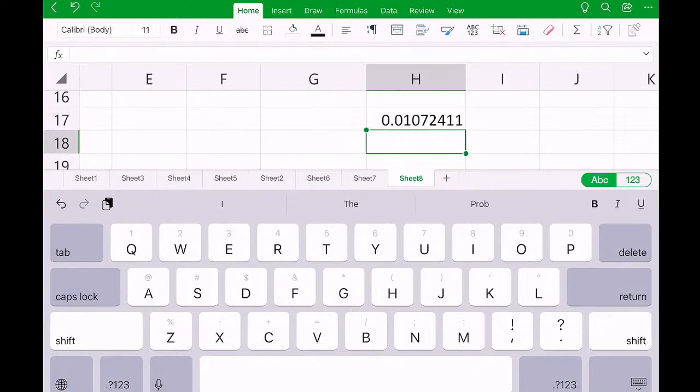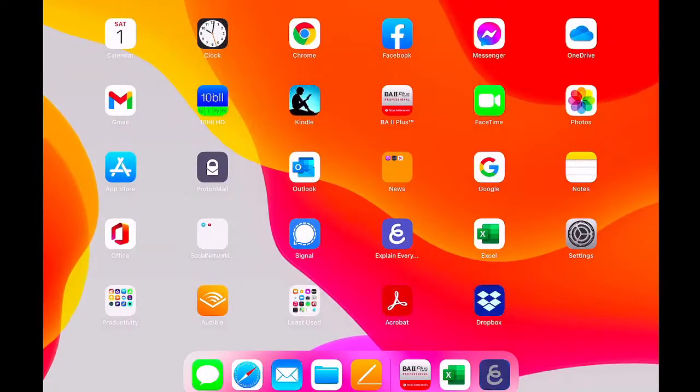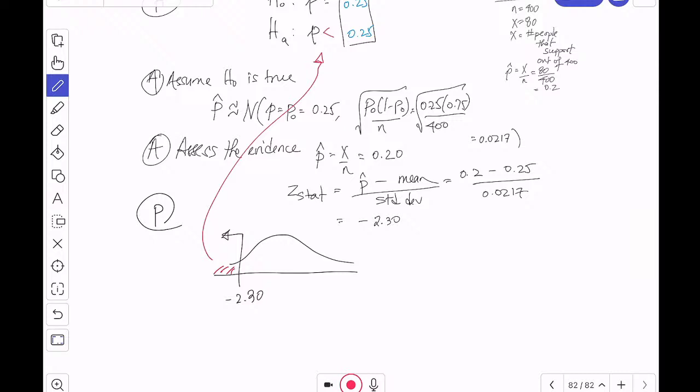And you get 0.0107. And finally, that's the p-value. That's the probability. I've converted a z-stat into a probability. I already have my answer here. It tells me I'm 2.3 standard deviations away.